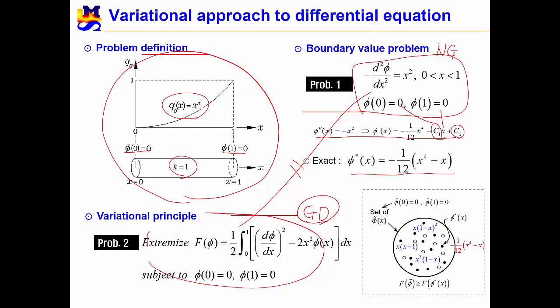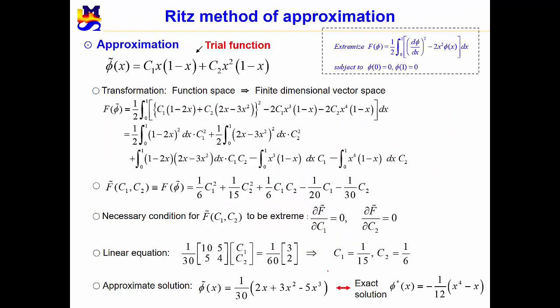Now let me introduce you how to obtain approximate solution in this method. It starts from variation principle with an assumed approximate solution called trifunction, which is a linear combination of known functions called basis functions. In this case, two basis functions x(1 minus x) and x squared(1 minus x) are employed.